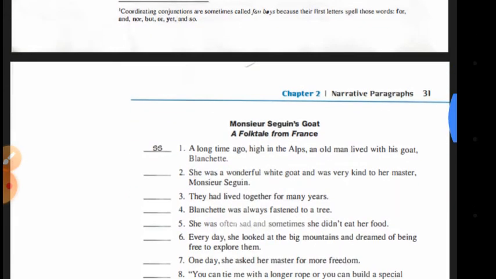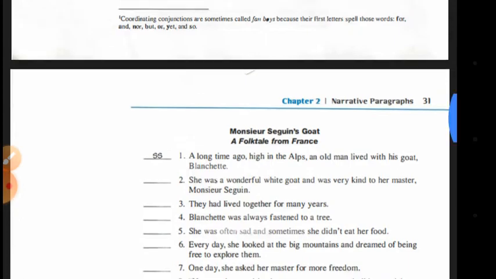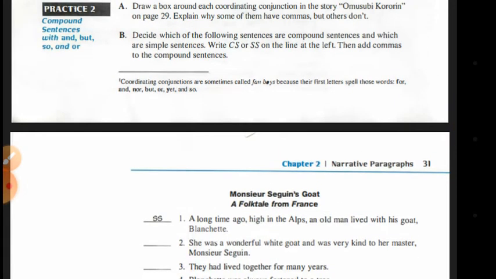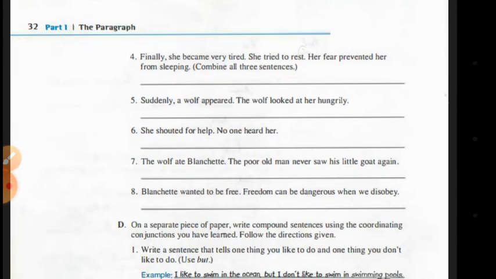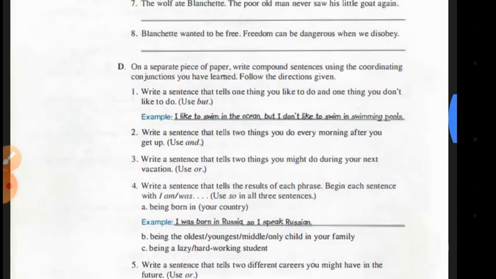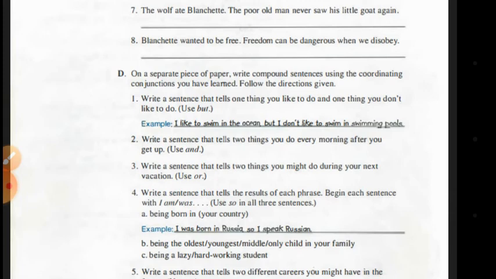Mark simple sentences SS and combined sentences CS. Then we come to D. On a separate piece of paper, write combined sentences using the coordinating conjunctions you have learned to join these sentences.